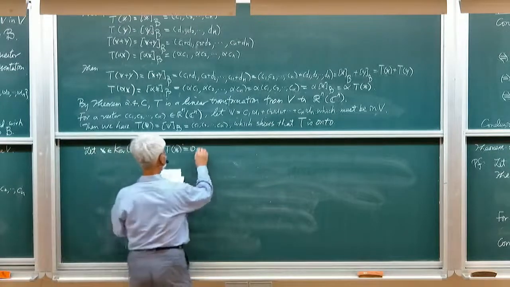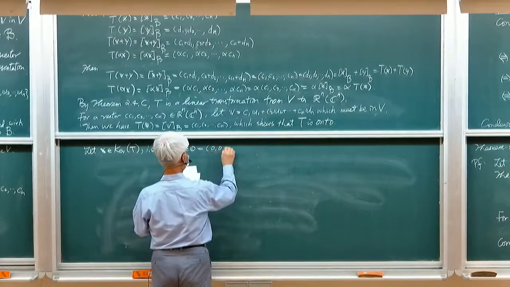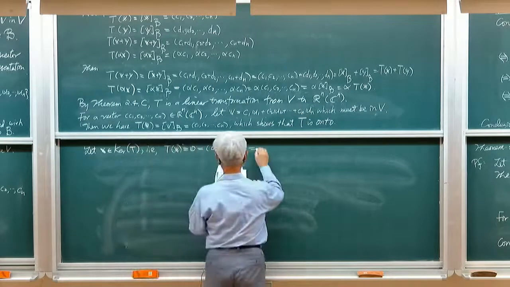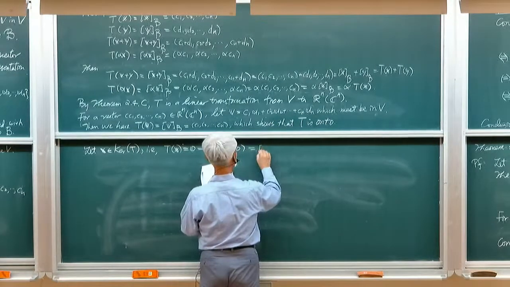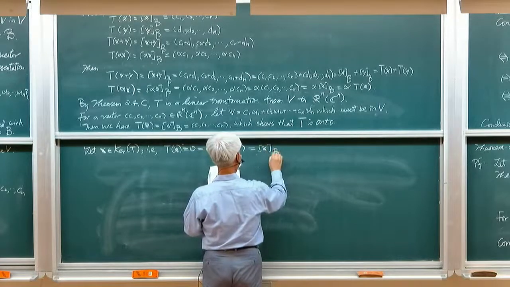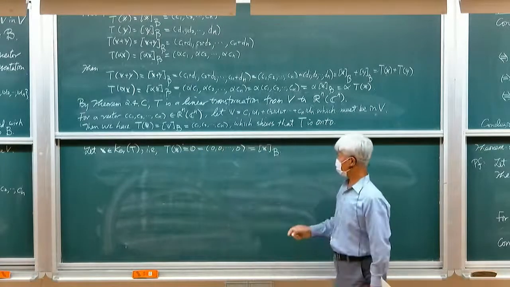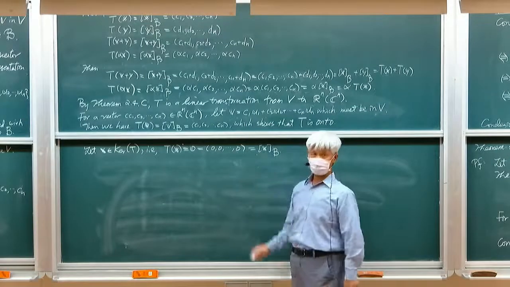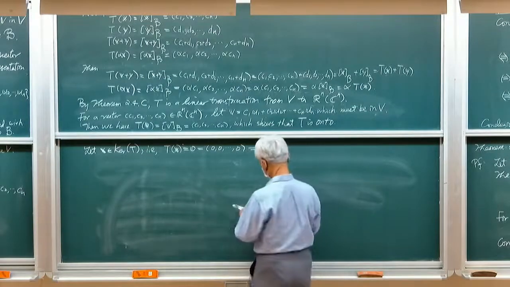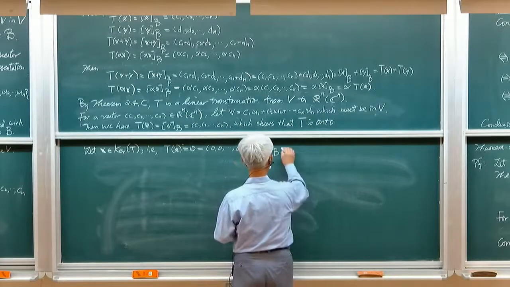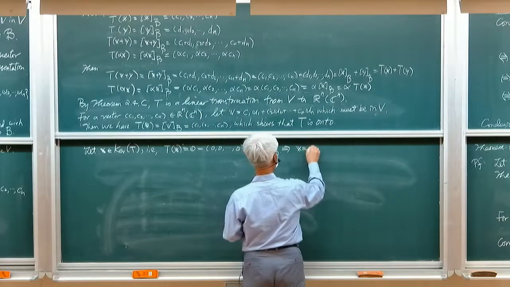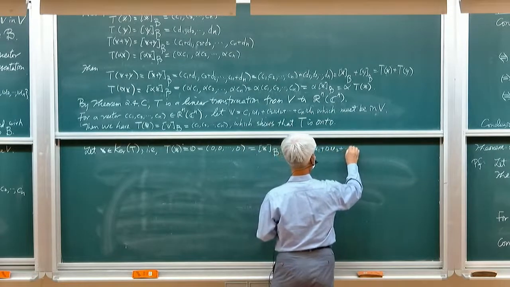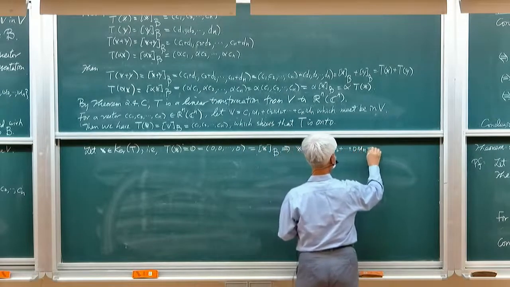And the 0 vector is (0, 0), and this is the coordinate vector of x. So the coordinate vector of x is equal to the all-zero vector. This implies that x is 0·u1 plus 0·u2 plus ... plus 0·un, so this is the 0 vector.